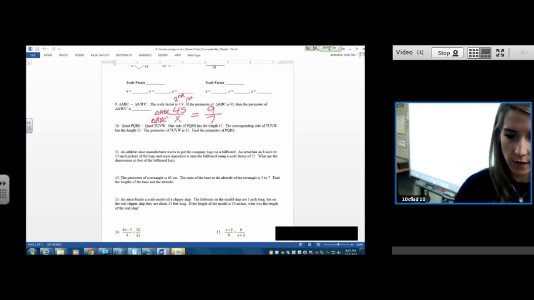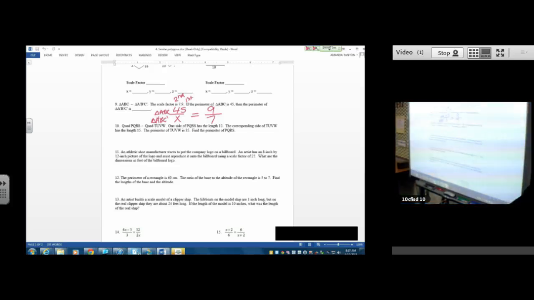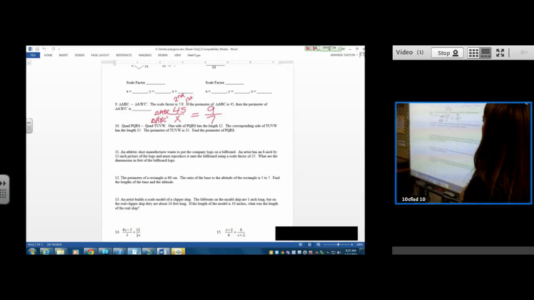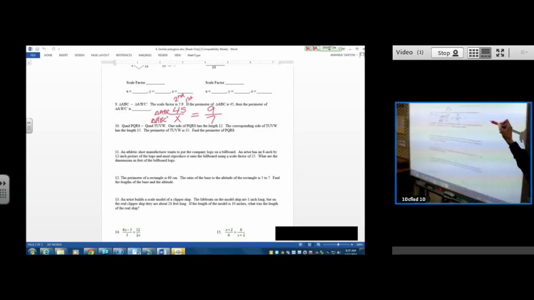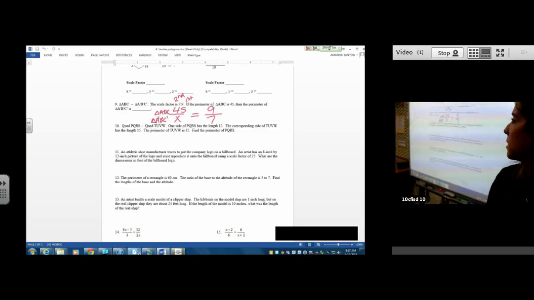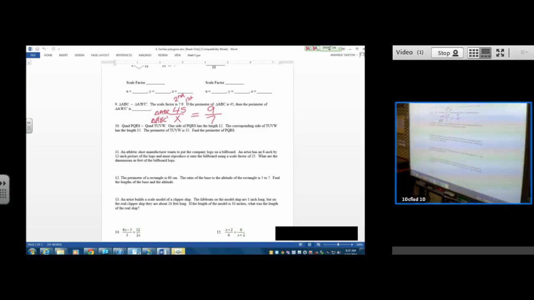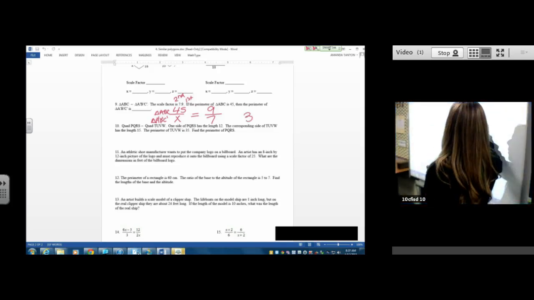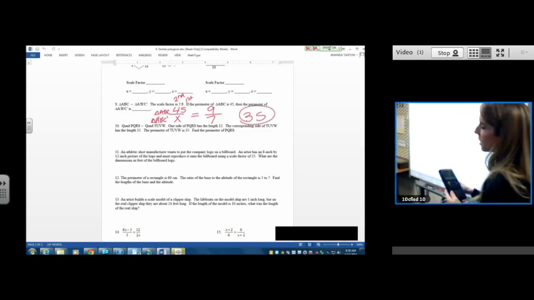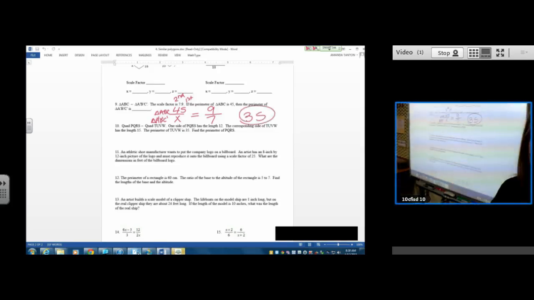So our second one, the prime, is 7, and the first one is 9. So 7 goes with A prime, B prime, C prime, and 9 goes with just ABC. When you cross multiply, 45 times 7 divided by 9, you get that the perimeter is 35. We don't have any units, so we don't need to worry about putting units.